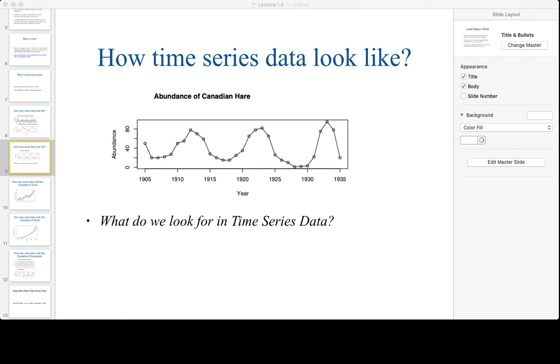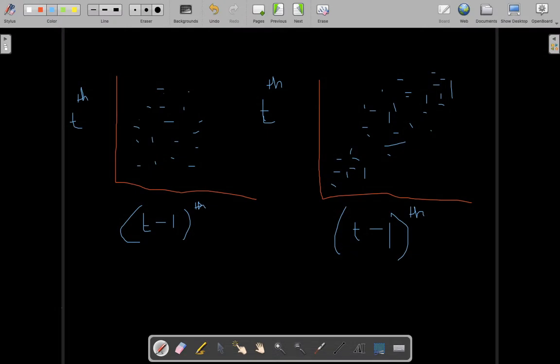There are other ways that we're going to see. So let me show you the diagram. The second diagram is representing the population of hare across time and how they are related, the t-th and t minus 1 period.